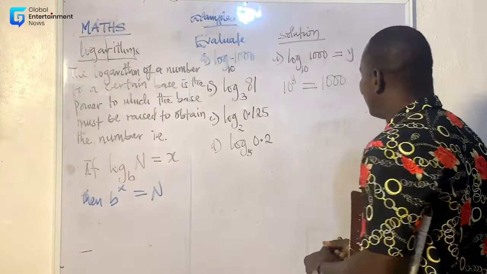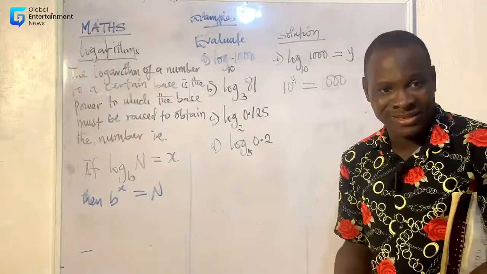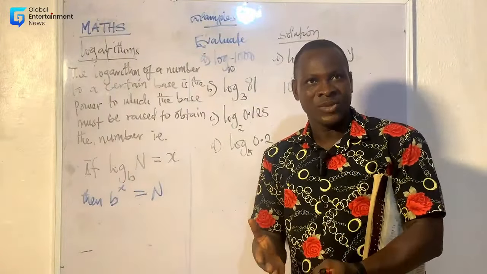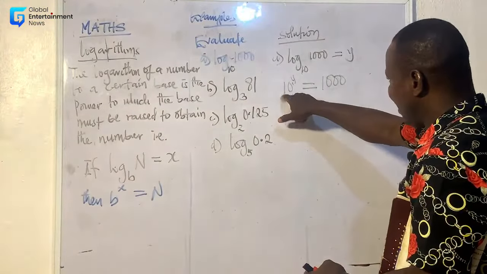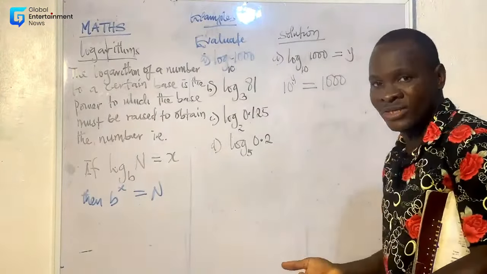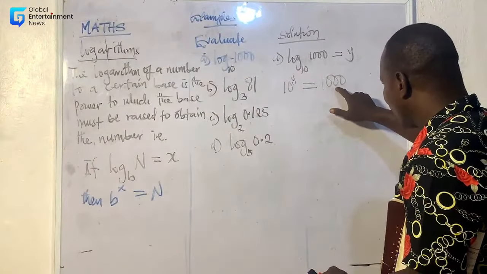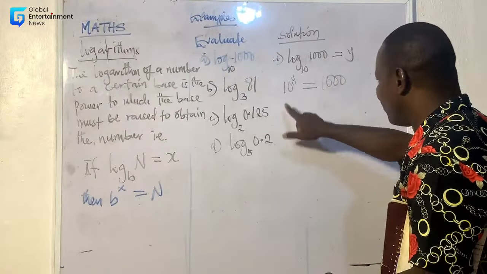Now with this, we must break our numbers down. Just like indices, I told you that indices and logarithm work hand in hand. We have a base of 10 here, and 1000 here, so you have to make sure that this 1000 looks the same as this other one.